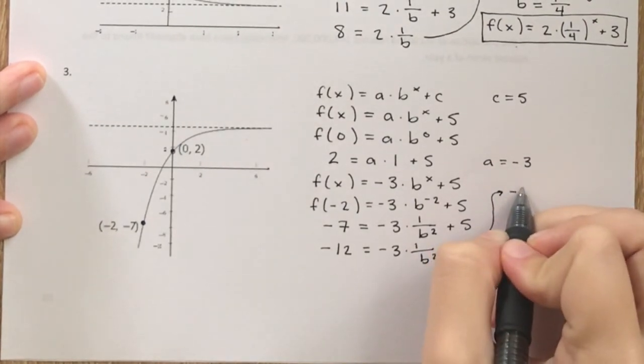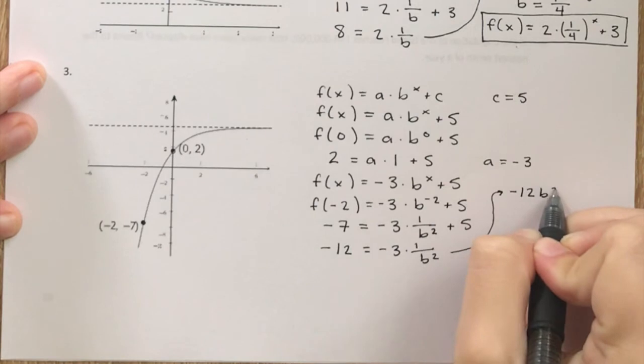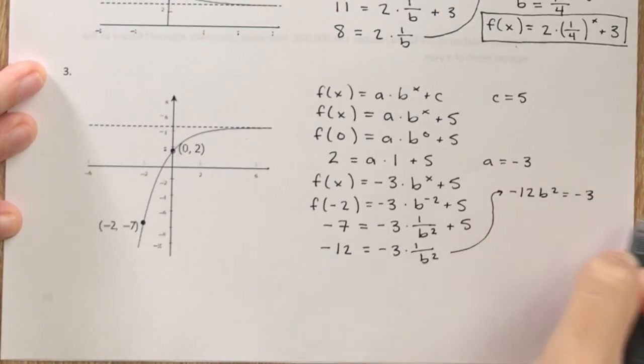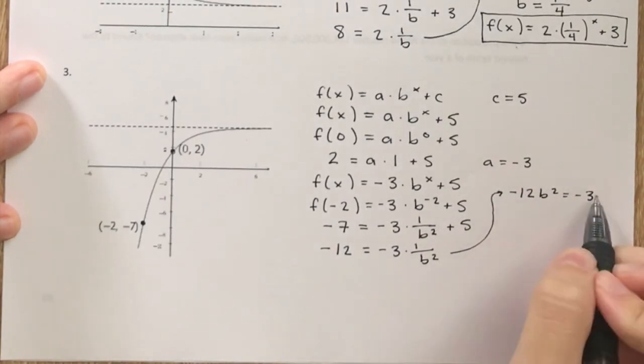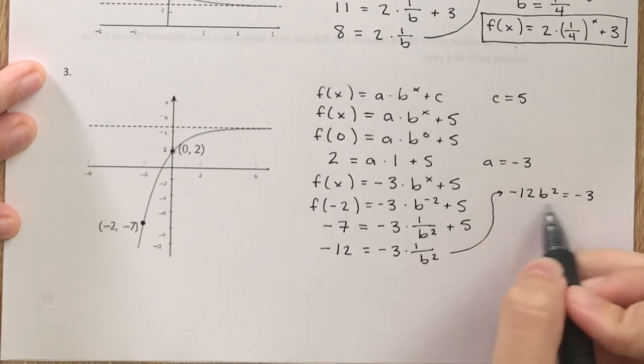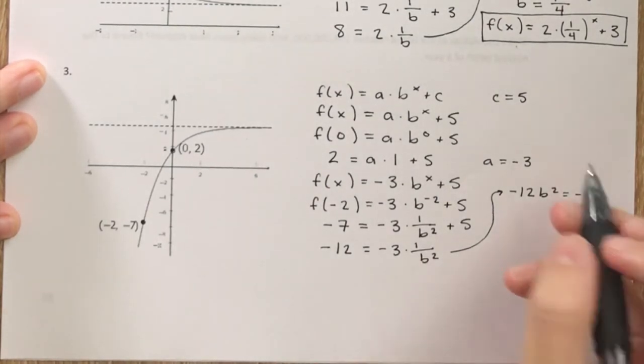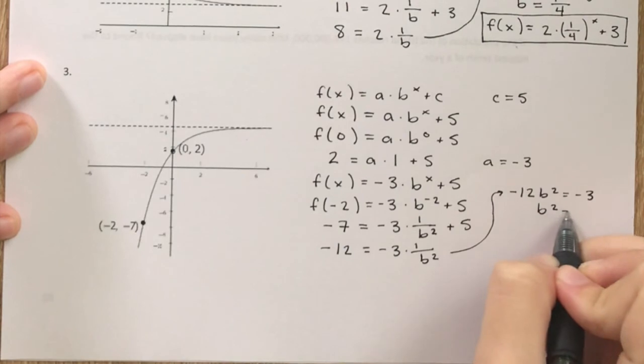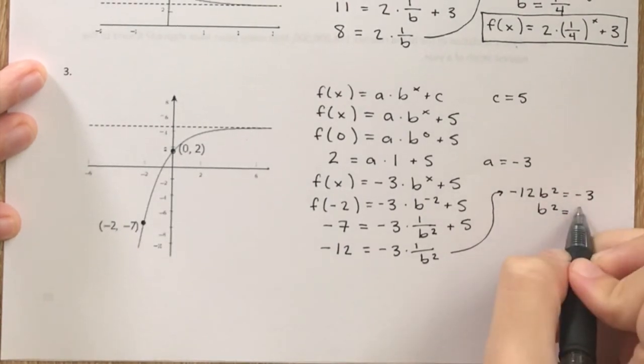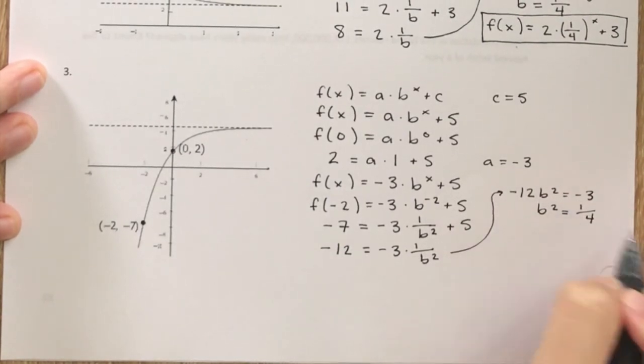So we end up with negative 12 b squared equals negative 3. We divide both sides by negative 12 to get b squared on its own. So we have b squared equals negative 3 divided by negative 12, which is just 1/4.